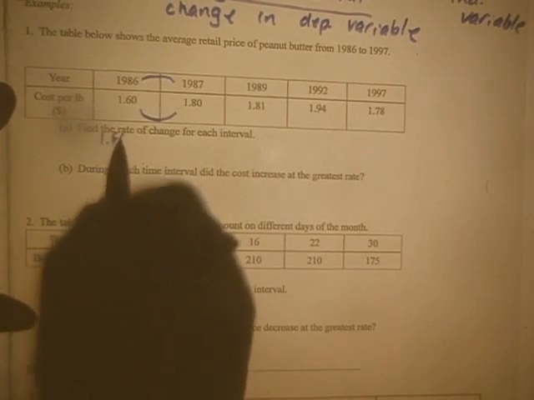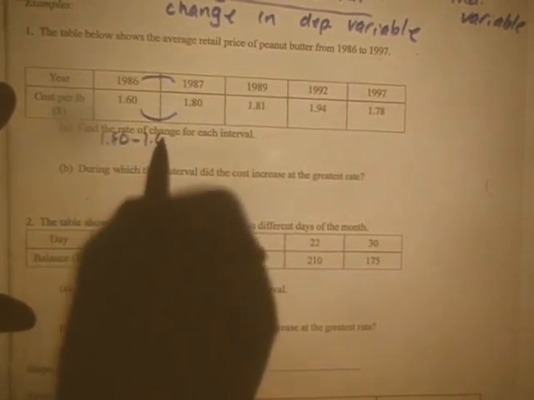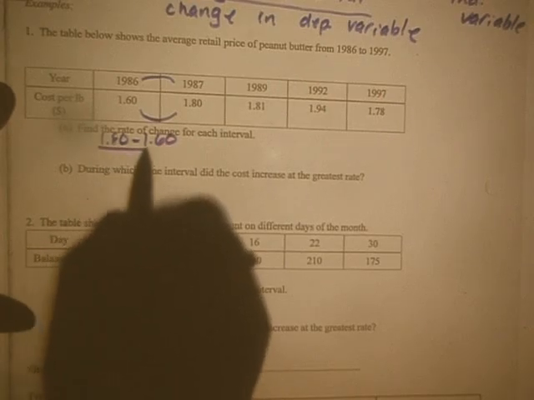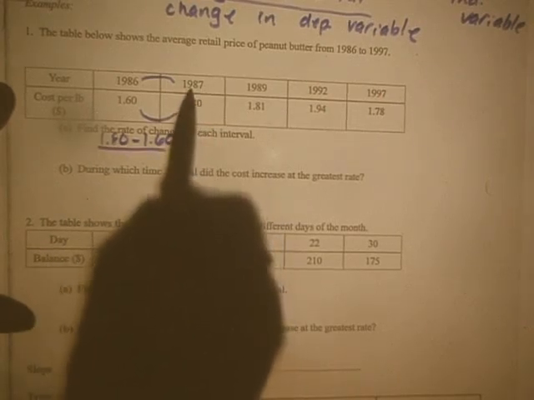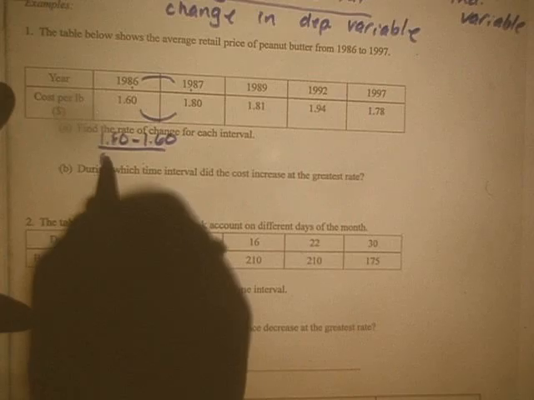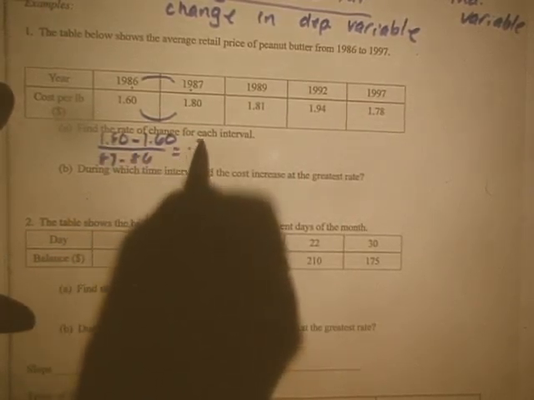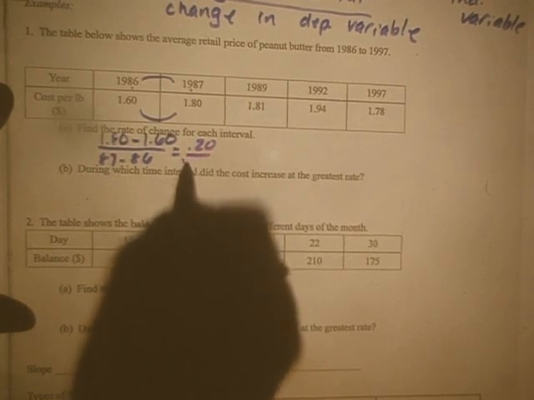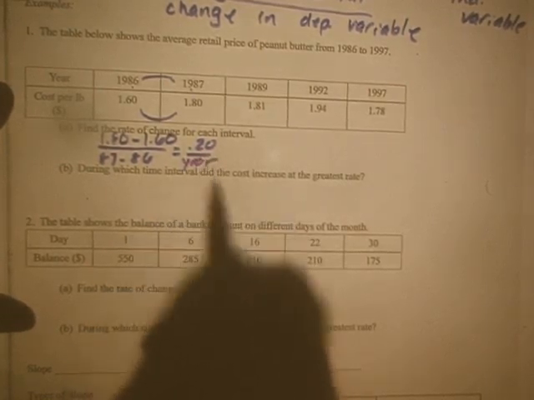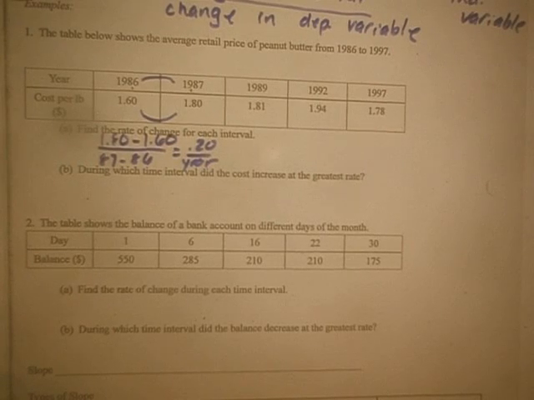So we will have $1.80 subtract $1.60 over 87 subtract 86, and that ends up being a change of 20 cents per year. That's our first change.